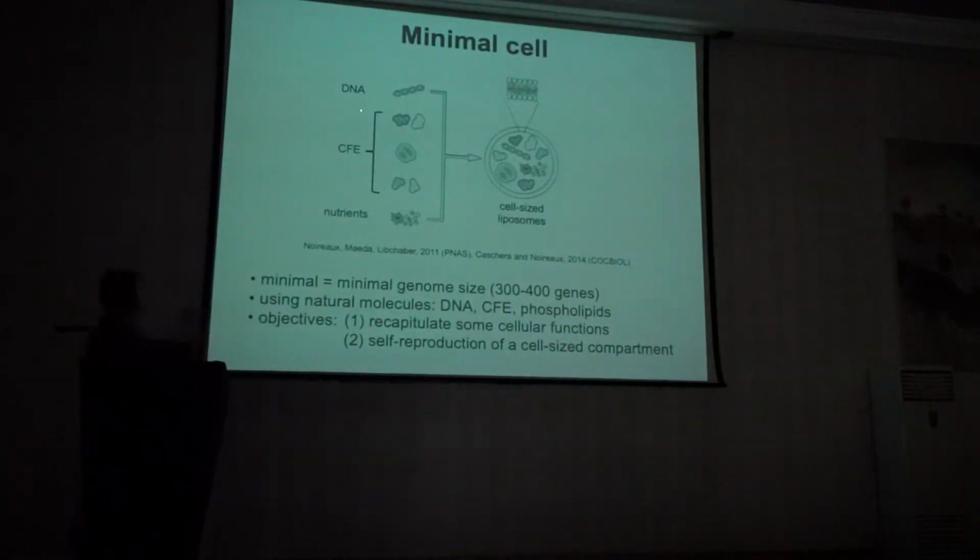We encapsulate the DNA and the cell-free gene expression system in a cell-size compartment. I say minimal from the beginning of the talk: minimal towards the minimal genome size. It has been estimated that we will need 300 to 400 genes to make a liposome capable of dividing and reproducing itself. And we use, once again, natural molecules, and we want to recapitulate some cellular functions and go towards self-reproduction.